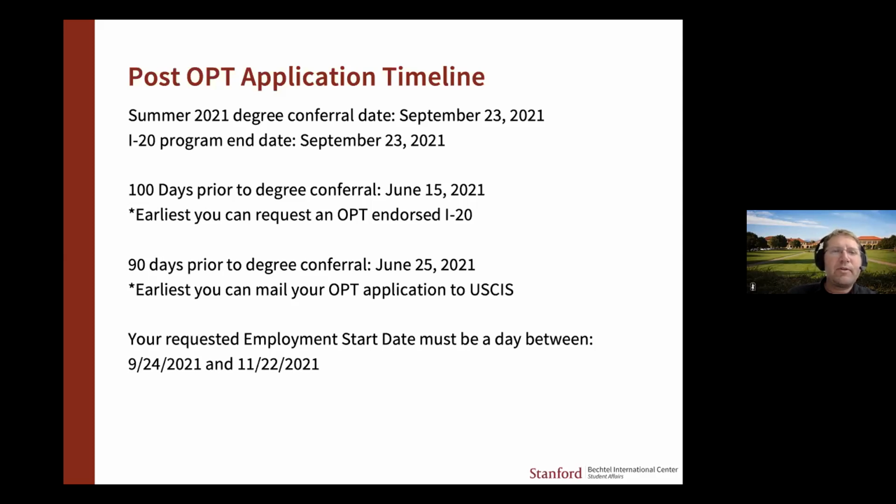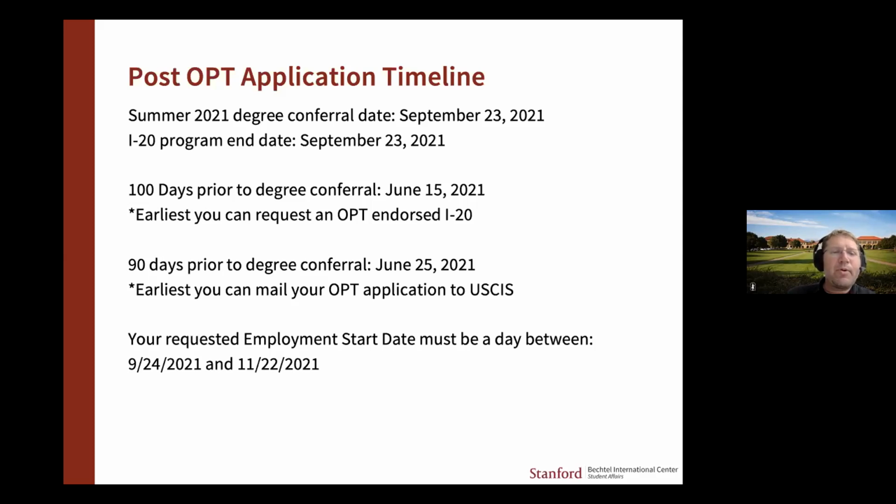So some students may already have a job offer, and so they want to start working on September 24th. So they will request that start date. Some students may not have a job offer and may not want to use the unemployment days that they're given under OPT, and so they'll put a start date closer to November 22nd. That way, that gives them more time to find a job and to start working.